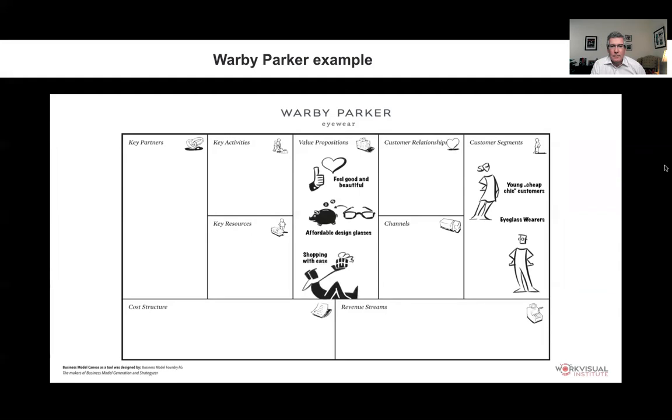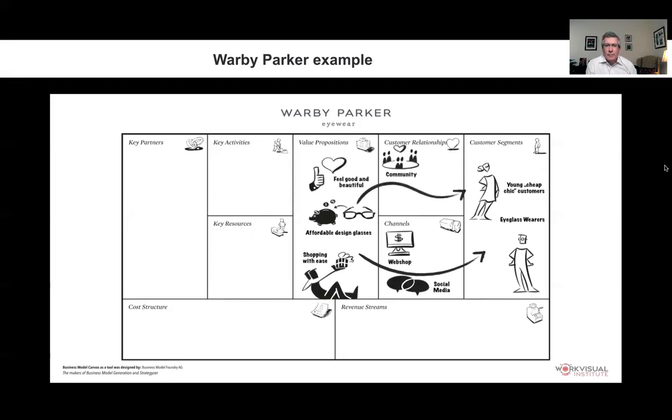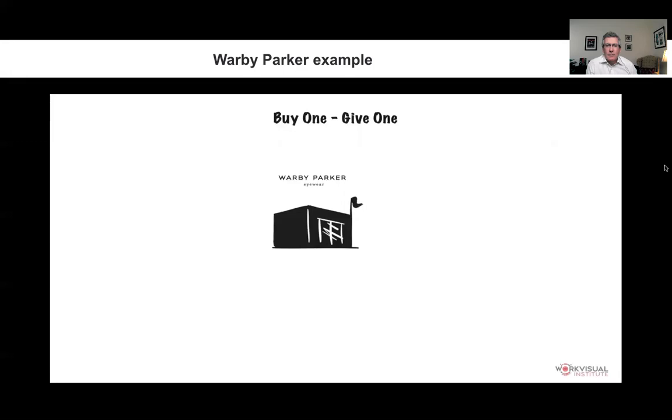And the shopping is with ease, right? So the last one is quite important for the channel because the main channel is a web shop, and they're creating quite a lot of buzz in social media. Their customer relationship is quite special in terms of the community, and I want to deep dive into that one a bit because they have the concept of buy one, give one at Warby Parker.